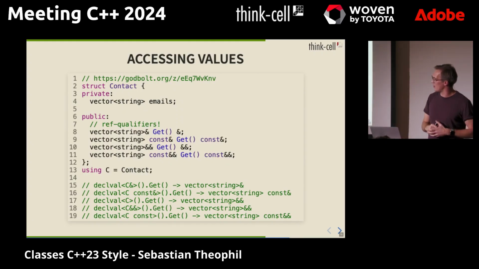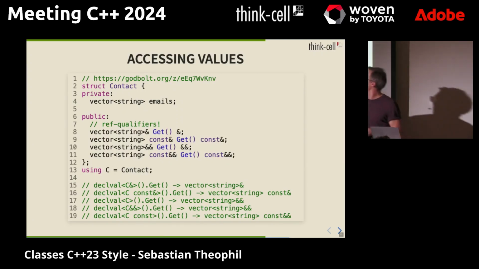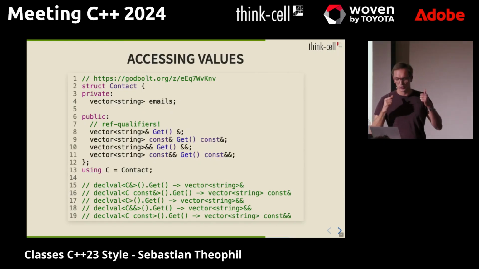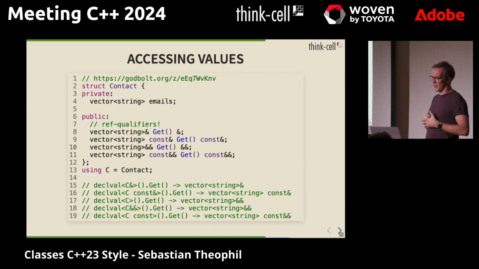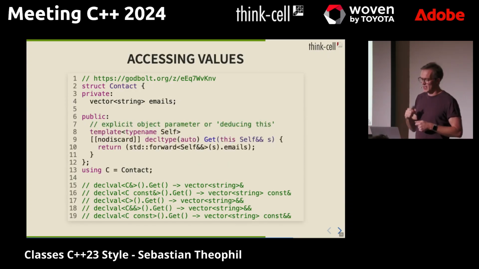If I'm calling get on a temporary contact, then this would match, and I would get an R-value reference to the vector, and I would know I can move out of that vector. I should move out of this vector. So this was somewhat annoying. I think we wrote a macro to generate all of them for accessors. But this was not so pretty, and now C++23 gives us explicit object arguments, or short, deducing this.